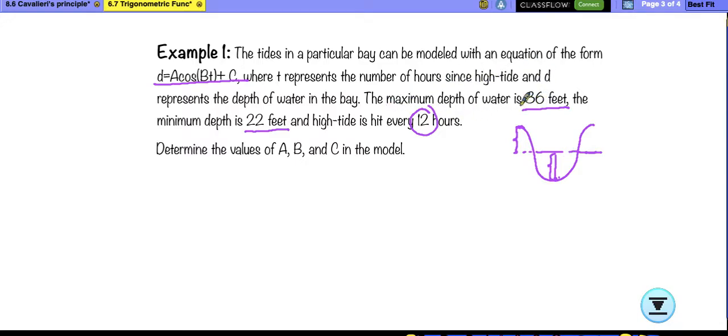We know the maximum height is 36, and the minimum is 22. Some students might wonder, so the amplitude is actually half of this distance. What's this distance? It's 36 minus 22. So the whole distance here is 14, right?